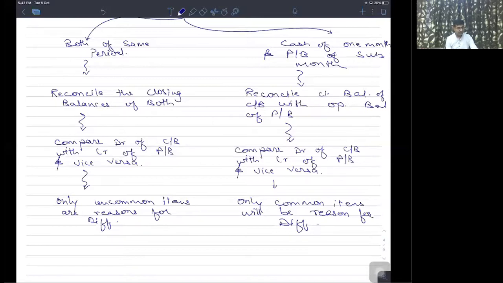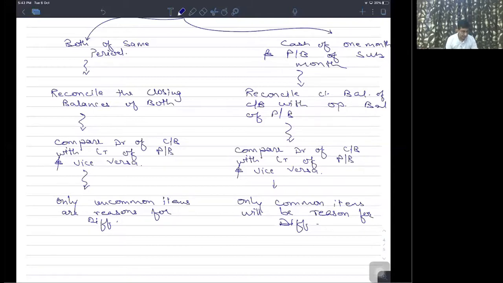Understand a point here very carefully. When I am preparing my financial statements, when I prepare my books of accounts, I am supposed to show the correct balance as per my cash book for the bank balance.